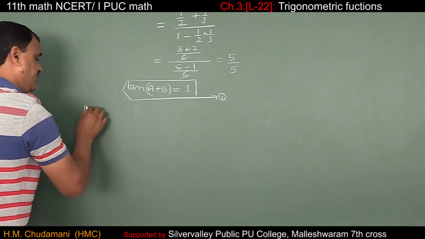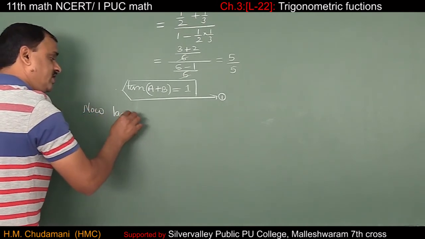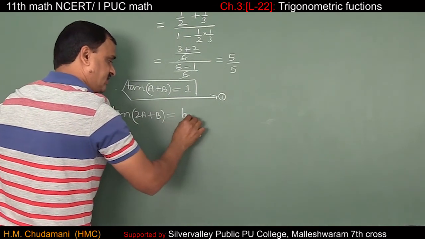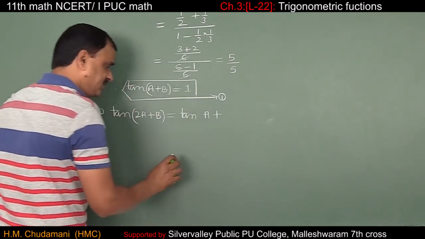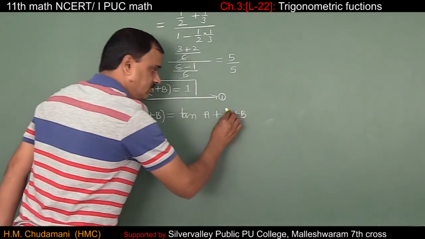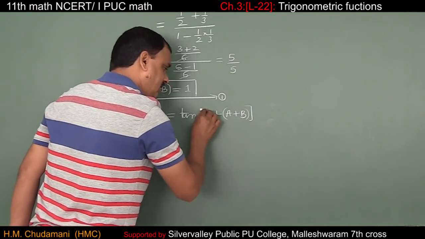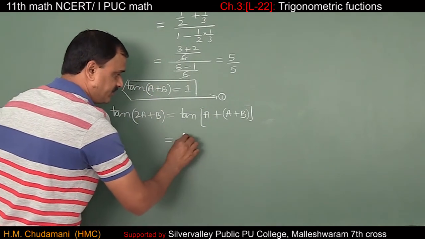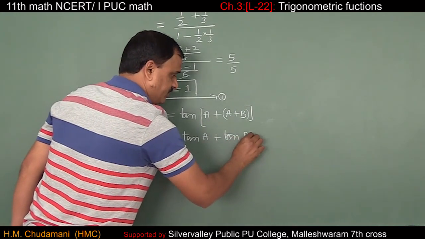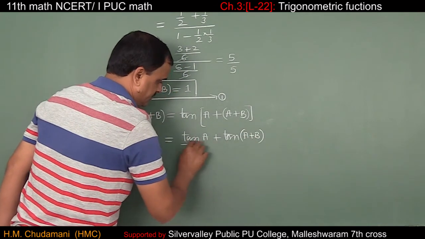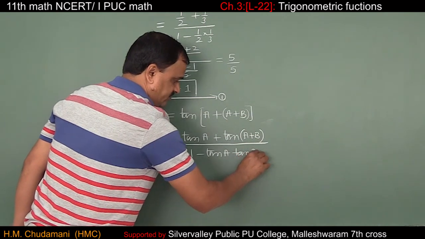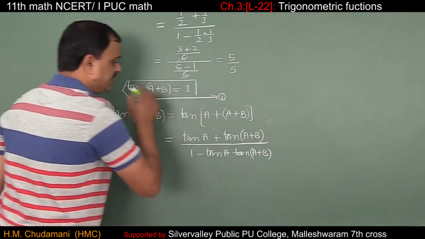Now we are supposed to find tan of 2A plus B, you know. This can be written as tan of A plus B, plus A, which is 2A plus B. I just group these two. Again this is of the form tan of A plus B, which is tan A plus tan B divided by 1 minus tan A into tan B. Just now we obtained tan of A plus B as 1, you know.